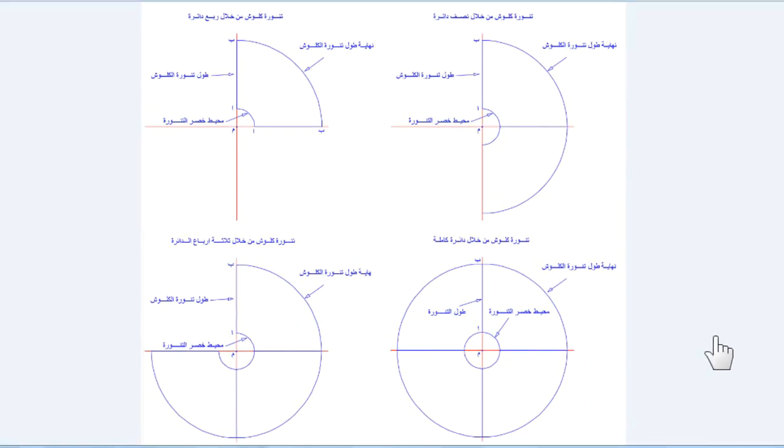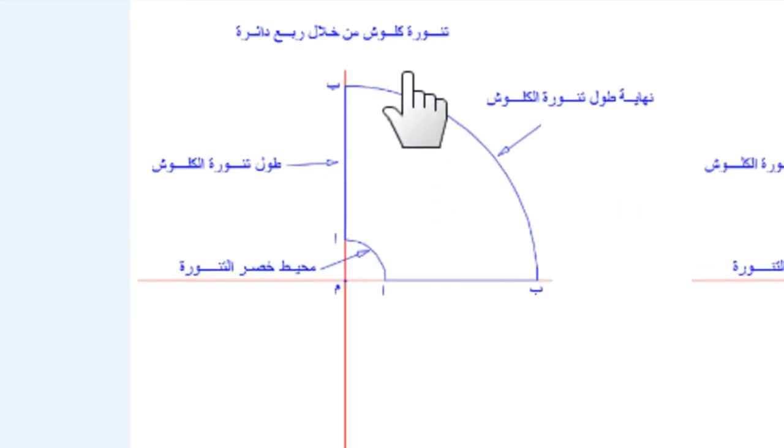Now the ways to execute the pattern for the Klush or double Klush, this picture will show 4 ways to execute this type of pattern. Either by a quarter of a circle, like what you see here. This is the quarter of a circle, and this is the circulation of the skirt, which is the circle close to the center.